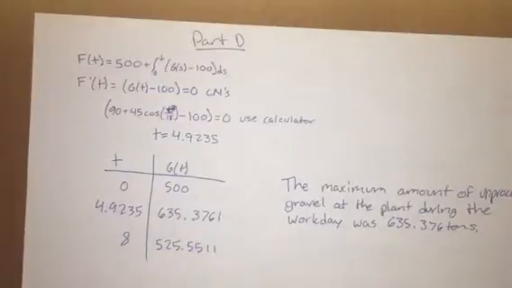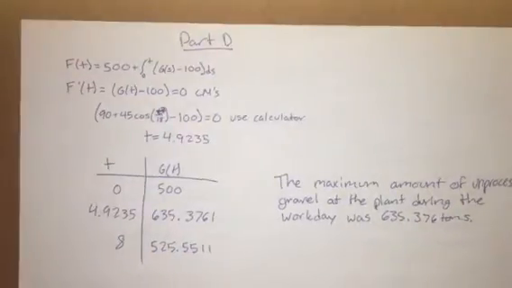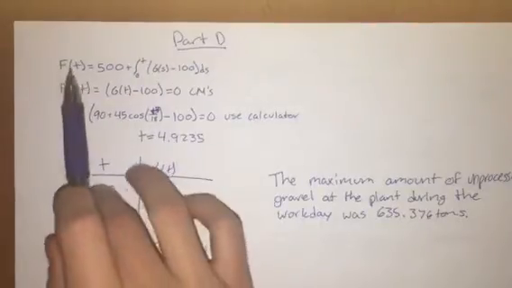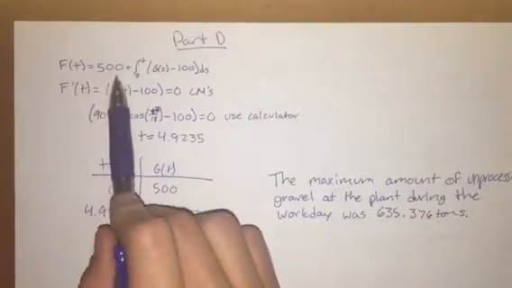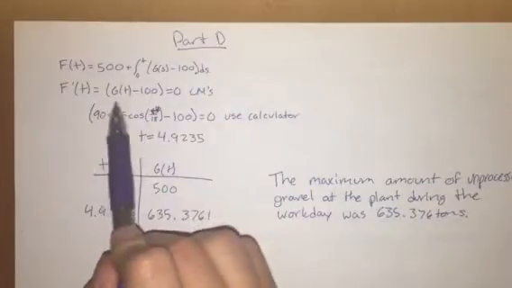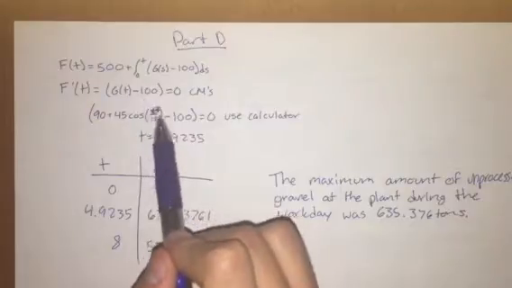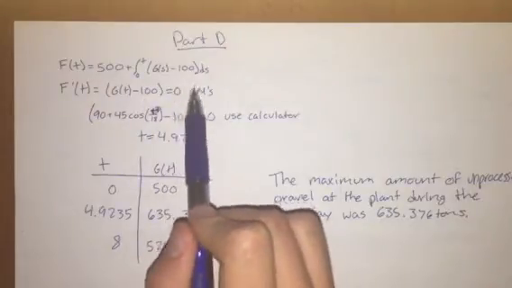Now we can move on to part D. It is asking, what is the maximum amount of unprocessed gravel at the plant during the hours of operation on this workday? Justify your answer. So we need to find the amount of unprocessed gravel at time t, which is given by f of t equals 500 plus the integral from 0 to t of g of s minus 100 ds.